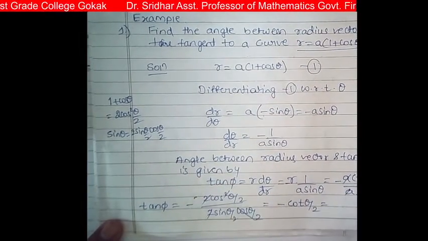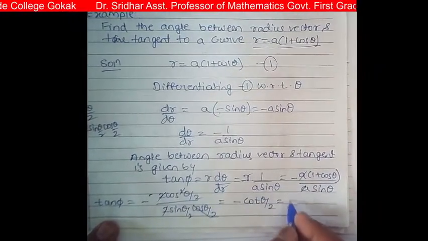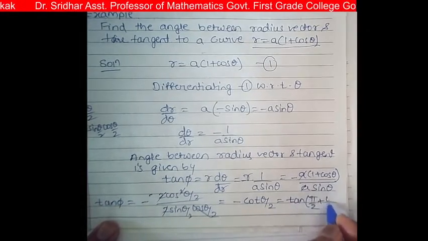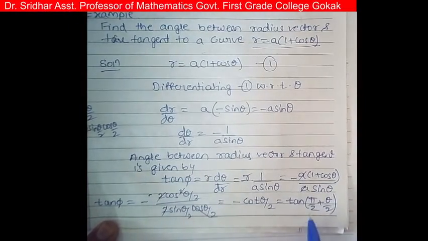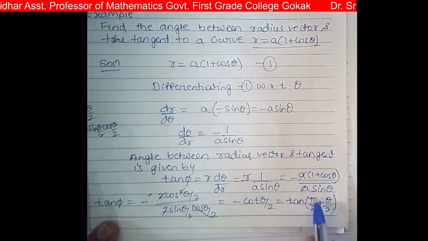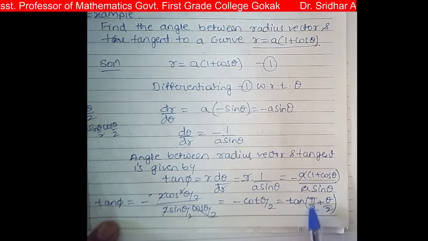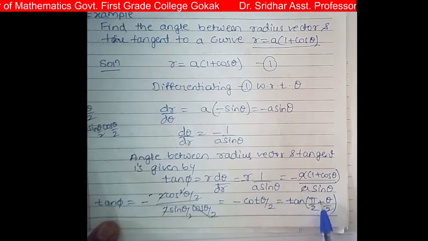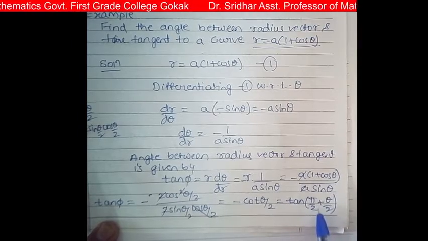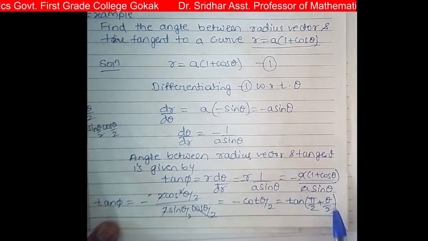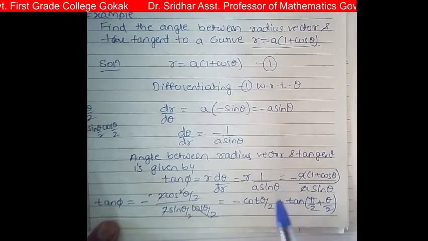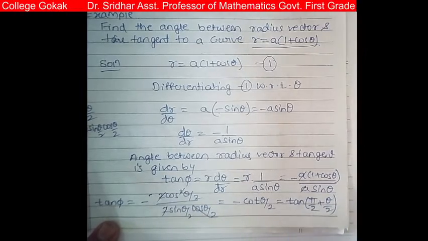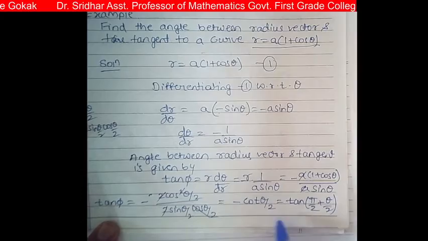Or this can be written, using the allied angle formula, as tan of pi by 2 plus theta by 2. Because it is an odd multiple of 90, tan changes to cot. Pi by 2 plus means it comes in the second quadrant, where only sine and its co-functions are positive and all others are negative, so it is minus cot theta by 2.